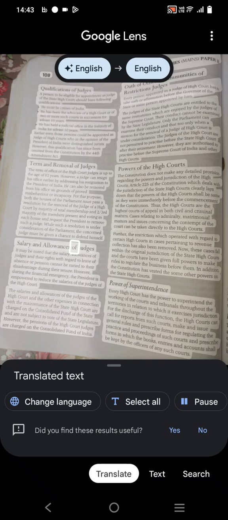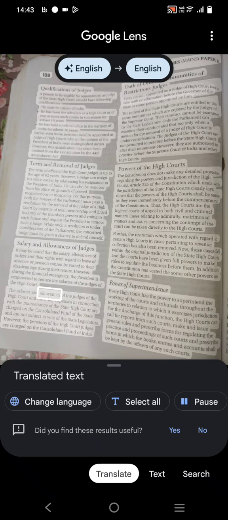Salary and allowances of judges. It may be noted that the salary, allowances of judges and their rights with regard to leave of absence or pension cannot be varied to their disadvantage during their tenure. However, during a financial emergency, the President is empowered to reduce the salaries of the judges of the High Court.